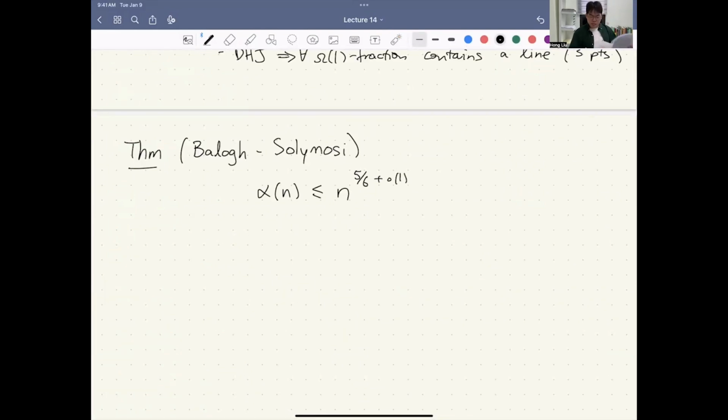So what does this upper bound mean? Let's translate it so that we know what we're trying to prove.